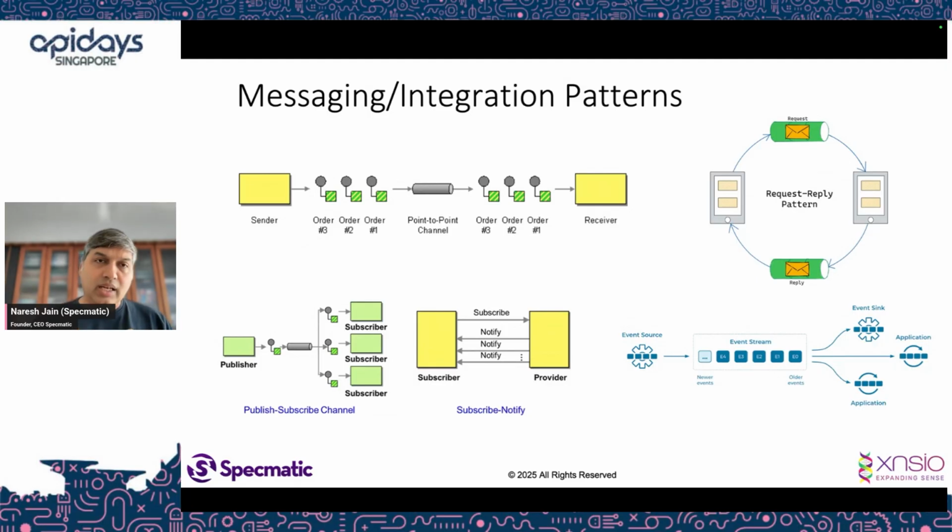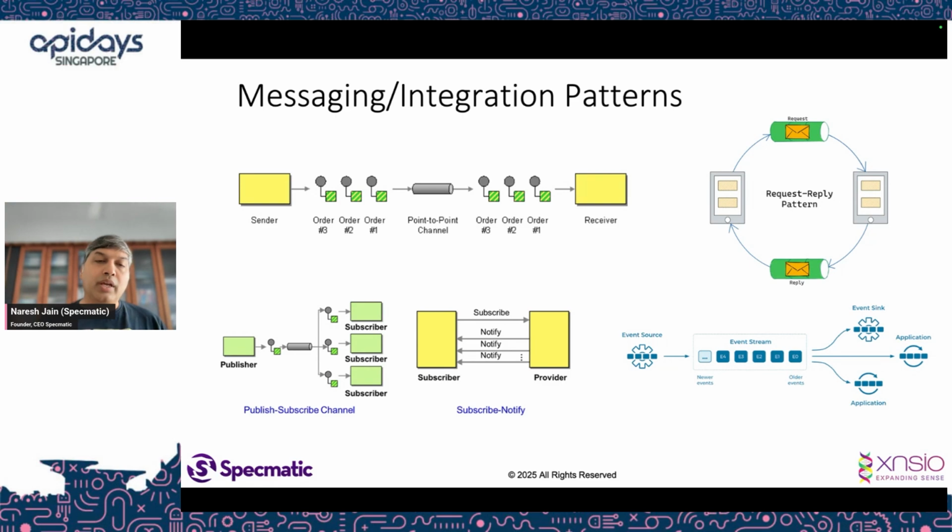What else, right? The next thing that is important is that there are several different integration or messaging patterns that are supported, and you would want to communicate to your consumer how you are going to publish and what pattern you're using. For example, you could be using the request-reply pattern, which is built into AsyncAPI. In the request-reply pattern, you would put a request on a topic and then expect the consumer to publish a message back on a reply topic, right?